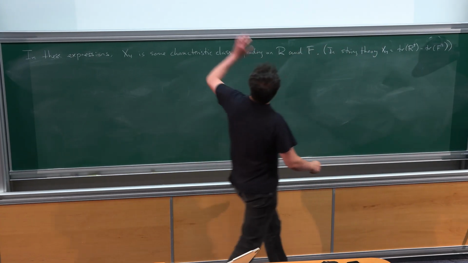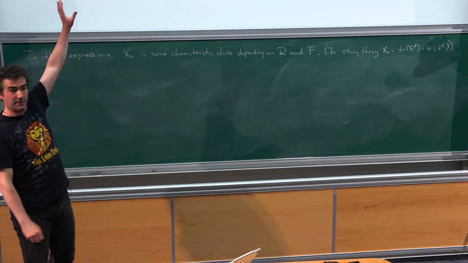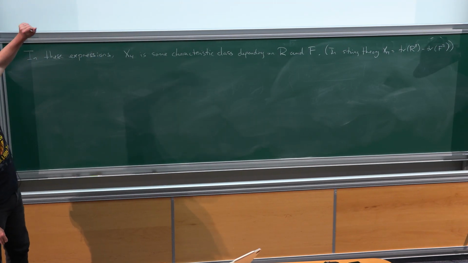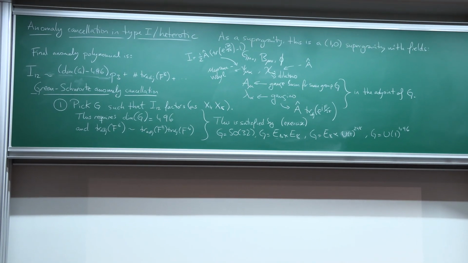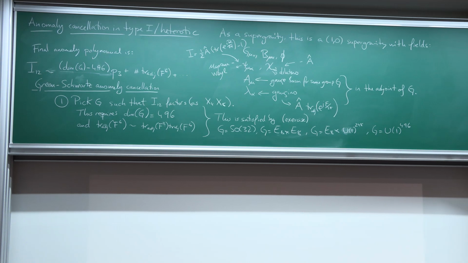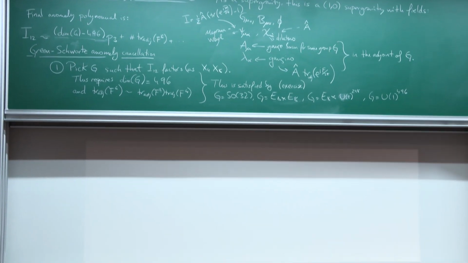So what am I doing here? I'm writing the whole anomaly polynomial and specializing it to those groups there. And I'm seeing that it factors, and the way it factors is with a prefactor, which is of order 4 of this type, times X8, which is a more complicated expression.